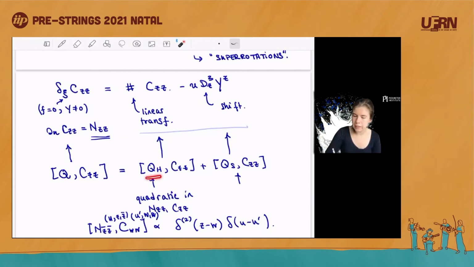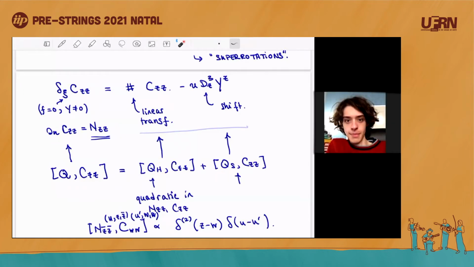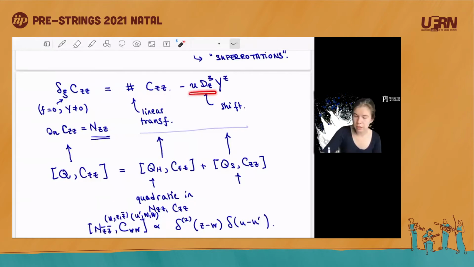But the split into the hard and soft piece is due to the fact that there are two contributions in the action of the symmetry on CZZ, and one of them is linear in CZZ and the other one is independent of CZZ. And similarly, the charge is going to have a term which is quadratic. So as a consequence, the total superrotation charge is going to have two contributions.